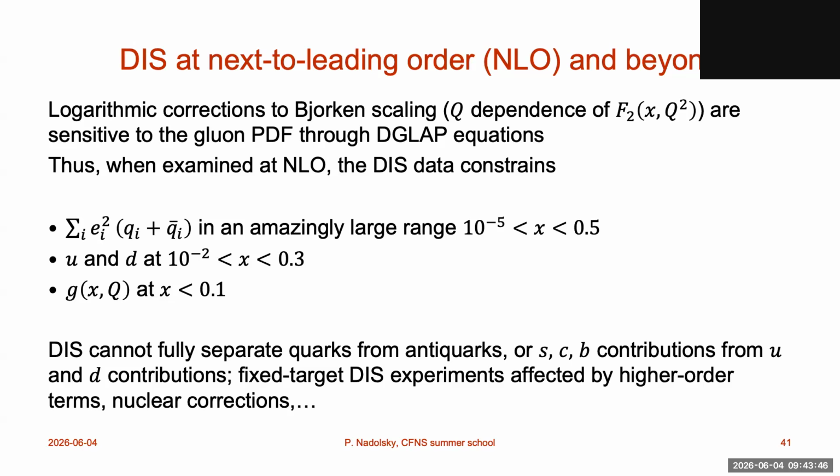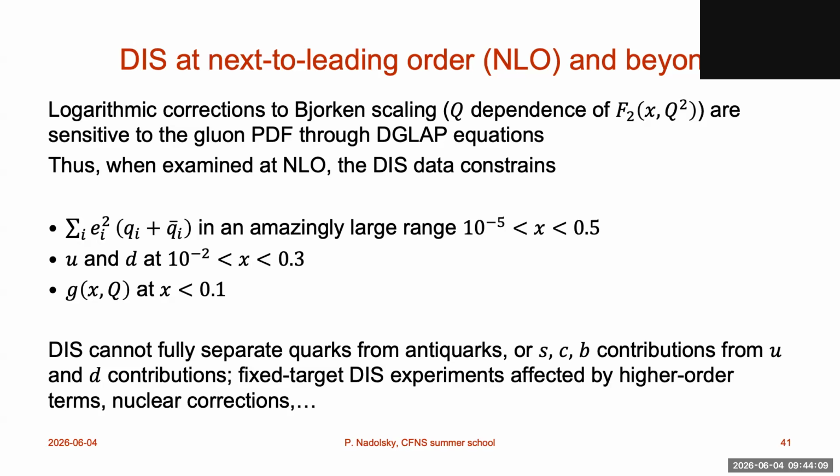So by measuring the Q dependence of the deep inelastic structure functions, you actually can extract some information about the gluon. For example, HERA measurements of the low-x gluon provide the tightest constraints on the gluon in the Higgs production region, simply from the scaling evolution, right?